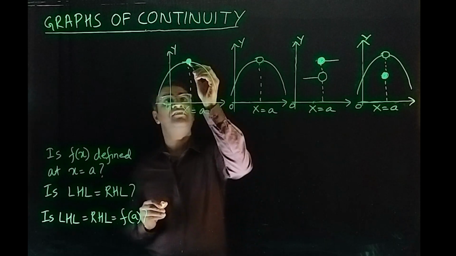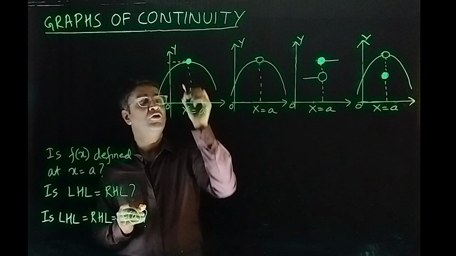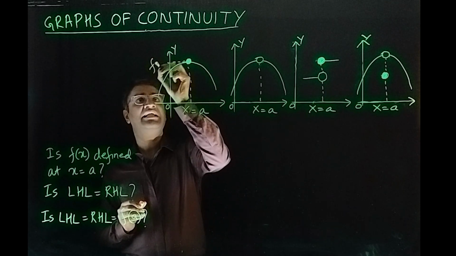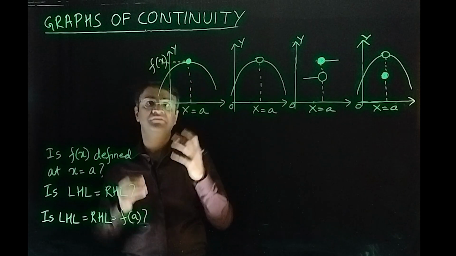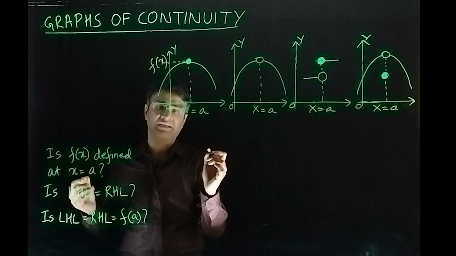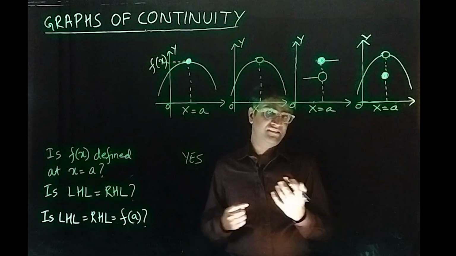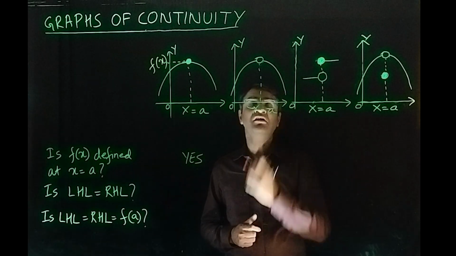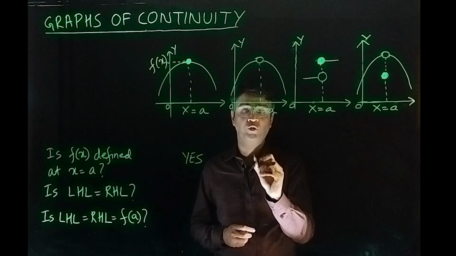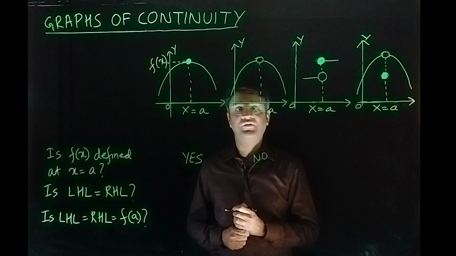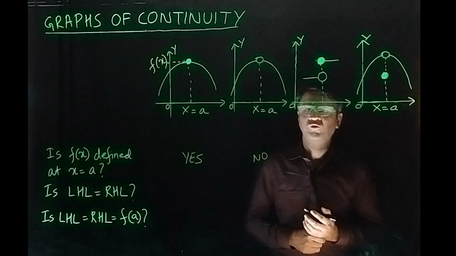So yeah, here we see a dark circle. So yes, if I put x equals a, I get f(x). That means I get a defined value for x equals a. So yes. What about this one? I said dark circle, not hollow circle, but here we are saying a hollow circle. So no, it is not defined at x equals a. What about this one?